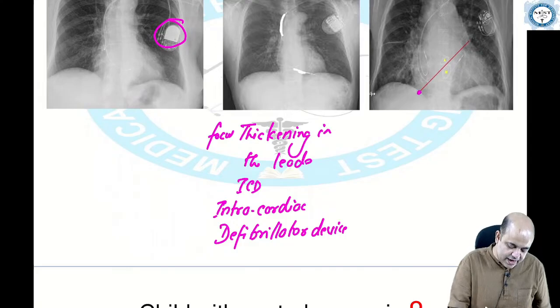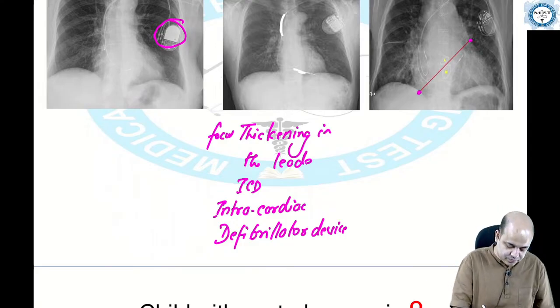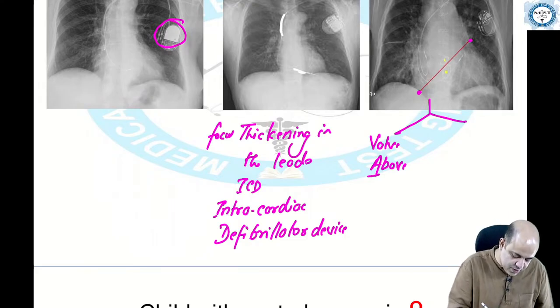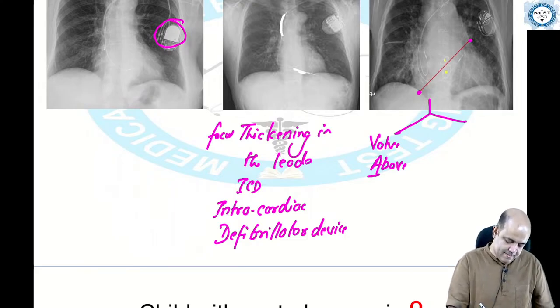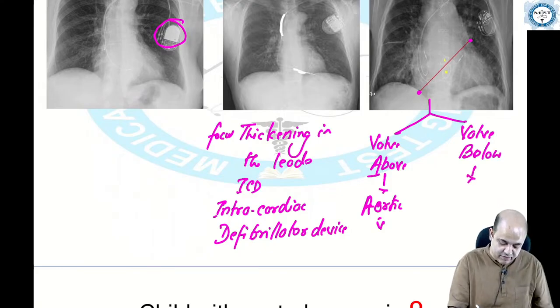So we draw a line from the right cardiophrenic angle to the left hilum. The valve above the line is the aortic valve. The valve below the line is the mitral valve.